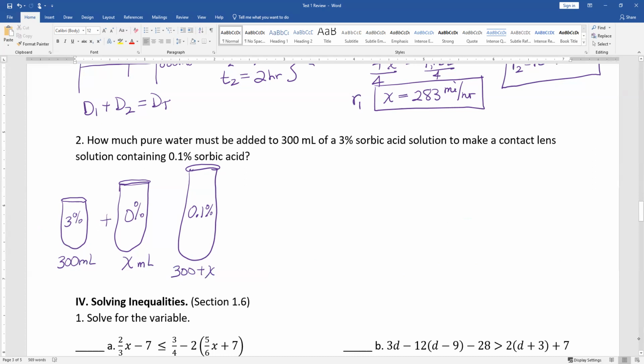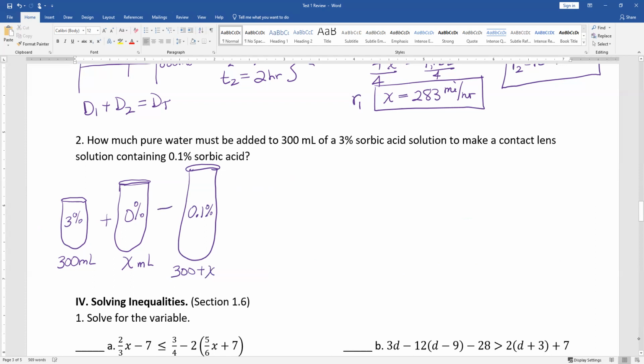There's lots. Okay. All right, if we're going from a 0.1% solution to a 3%, we would evaporate the water. So we would be taking away pure water to get a higher percent solution of acid. In this case, we're diluting it.